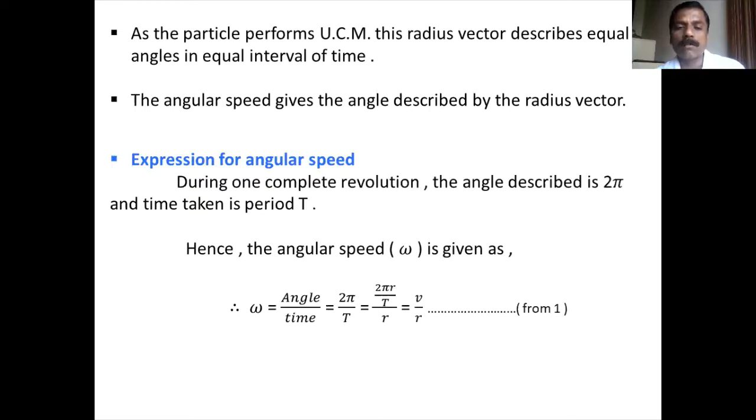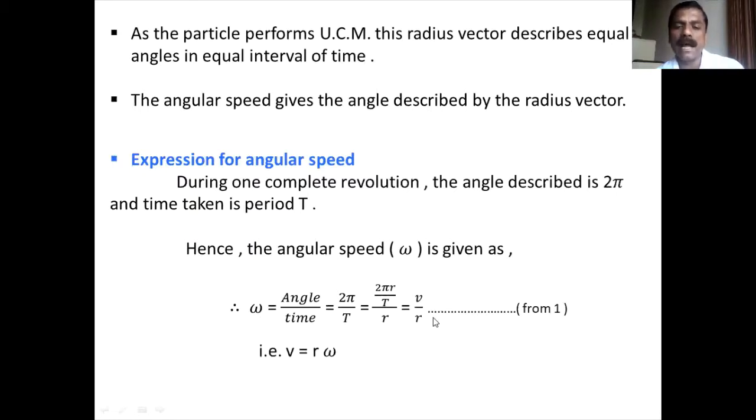So how do we find this omega? The angle is 2 pi, the period is capital T, and it can be written as 2 pi r divided by T, divided by r. We know 2 pi r divided by T is nothing but the velocity, and r remains as it is. So omega becomes v divided by r.